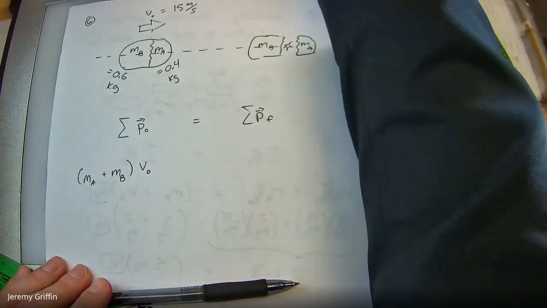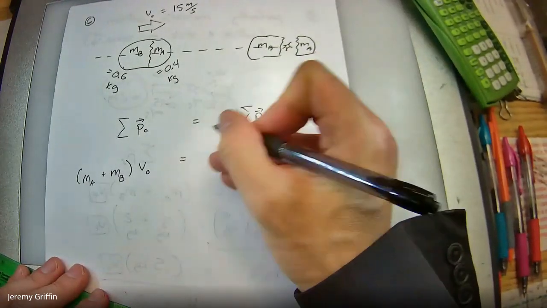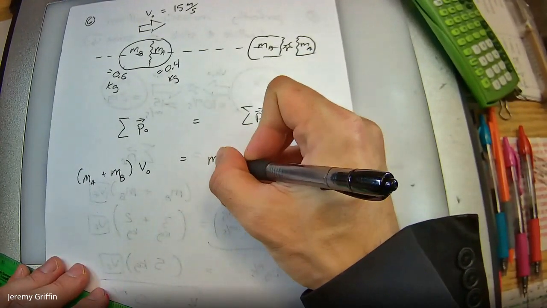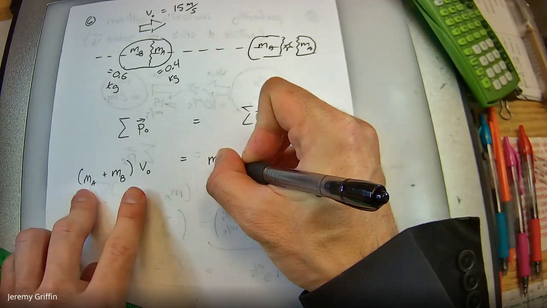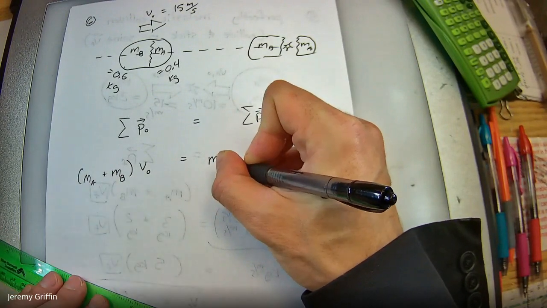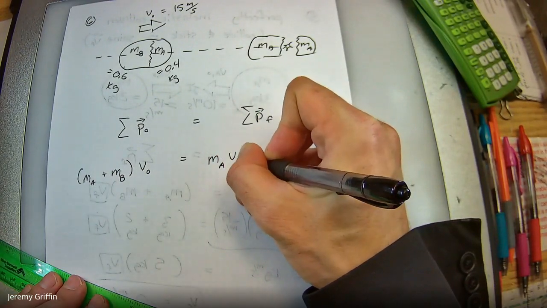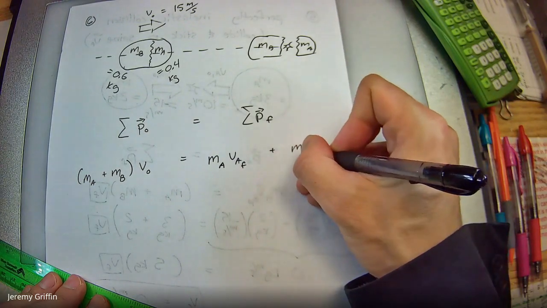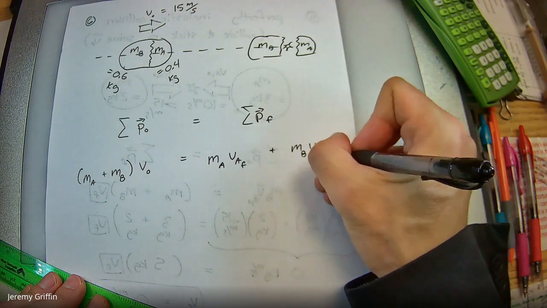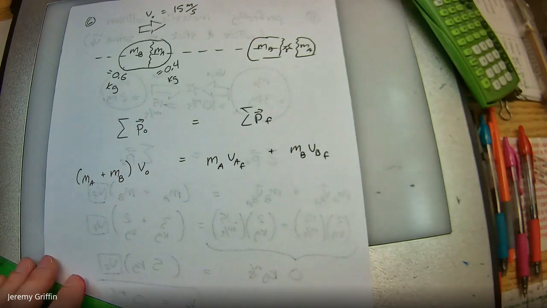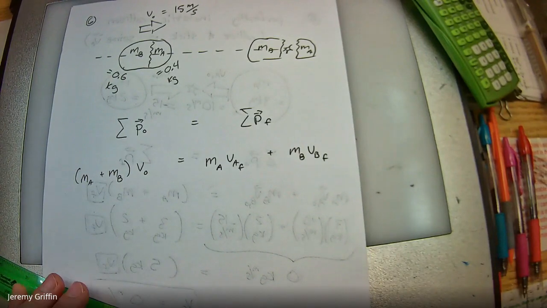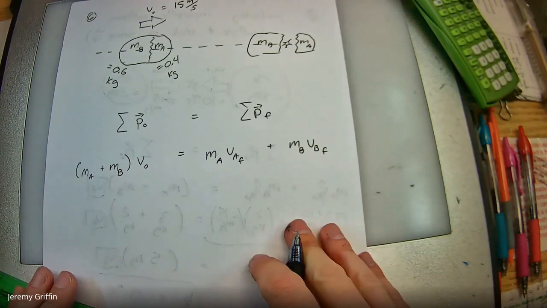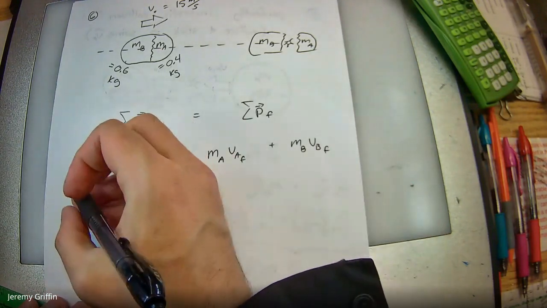Okay. It's going to explode into 2 parts. So each part is going to have its own momentum, and they have to collectively add up to the original momentum. So mass A times velocity A post-explosion, plus mass B times velocity B post-explosion. Just like that. Now I did give you some numbers, so let's start plugging in those numbers to this formula to make an equation.